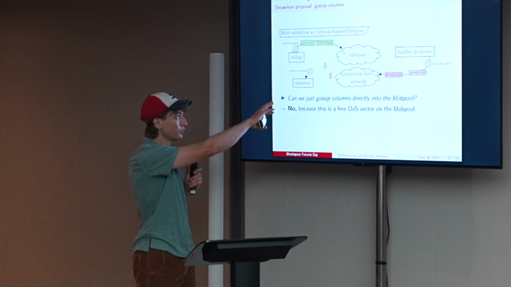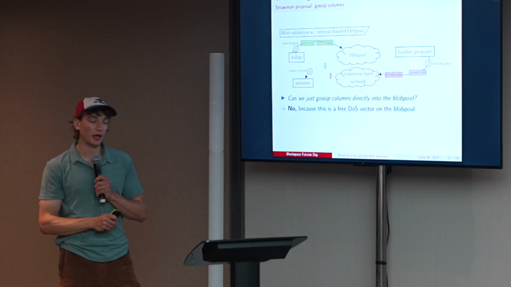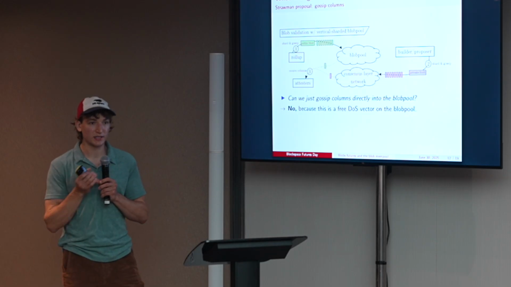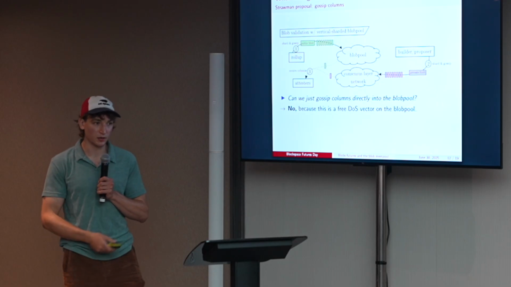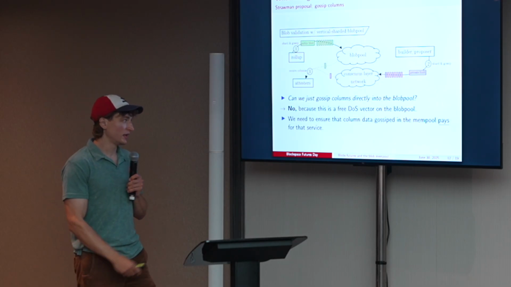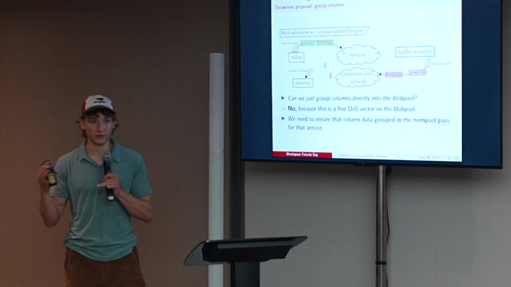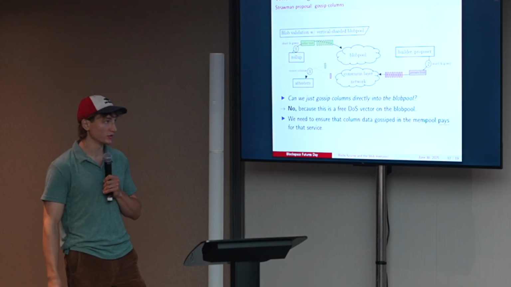Versus there's no way to prove that a column belongs to a fee paying transaction without actually seeing the full blob transaction itself. So the naive thing of just taking the blob and splitting it up into columns doesn't work, because people can then send arbitrary bytes throughout the blob pool. And the takeaway is that we need to ensure that the column data pays somehow for the service that it's consuming, or pays for the bandwidth resources that it's using.